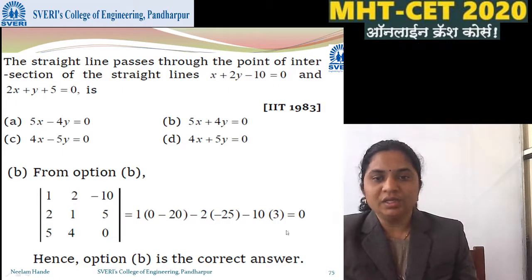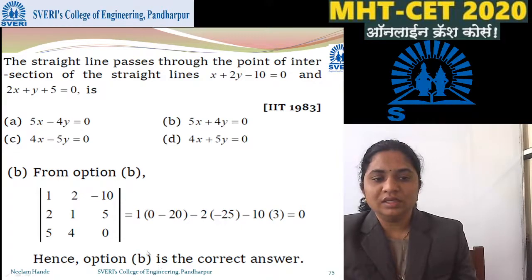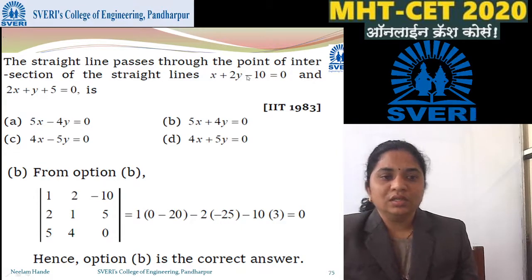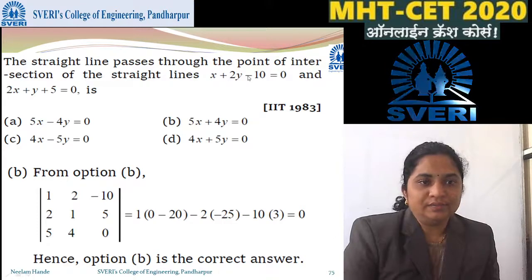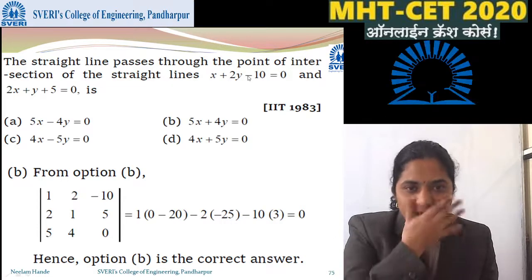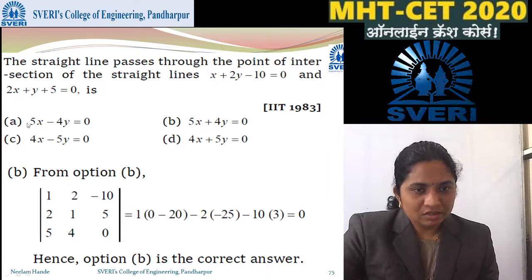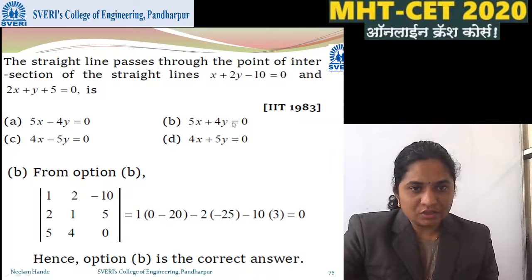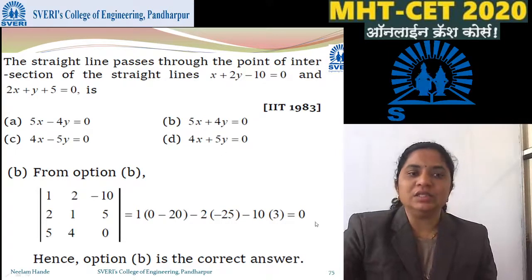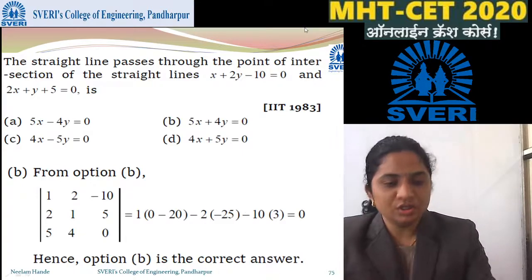If the determinant is 0, then it is the required straight line. So we'll check for all. If we check the second option also, then only we get 0. So the correct option is option B.